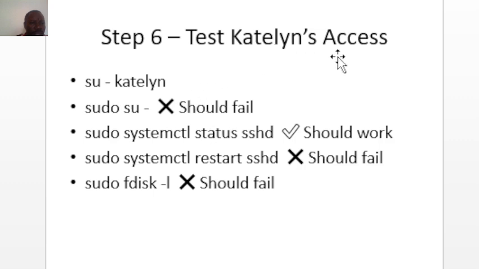So we come to Kati. Kati does not have all the access or privileges. Sudo as Kati, you see sudo apt fails because they don't have access to run all the commands. Sudo systemctl status, yes, it should work.